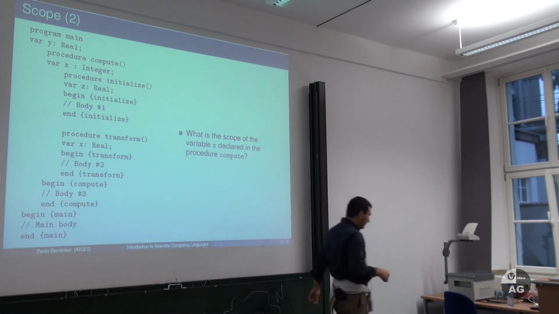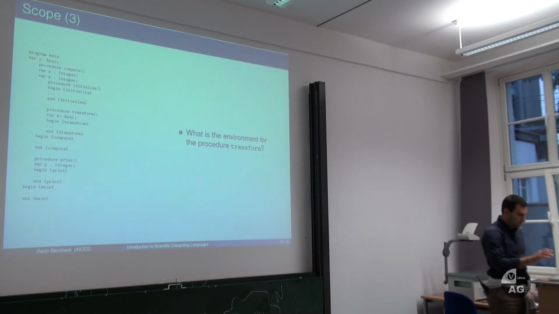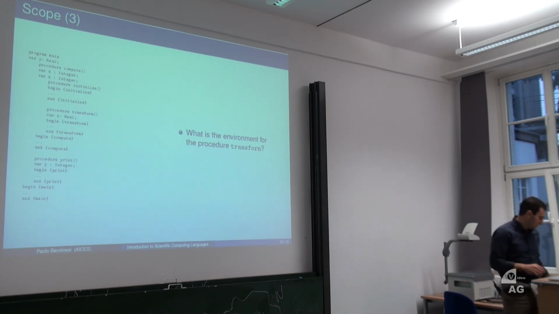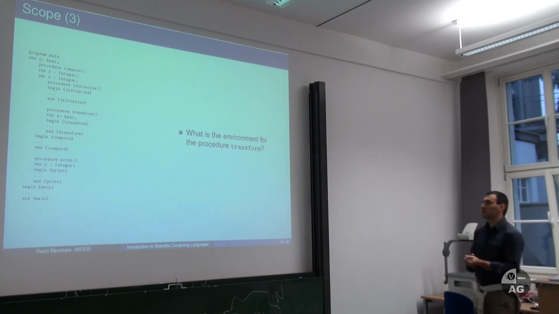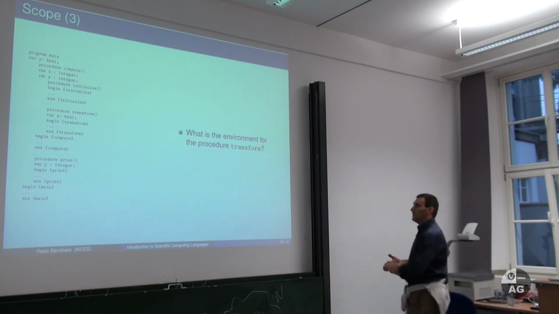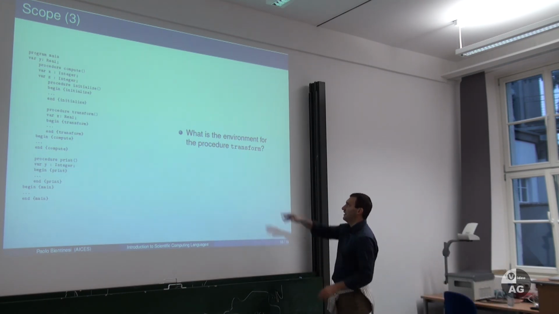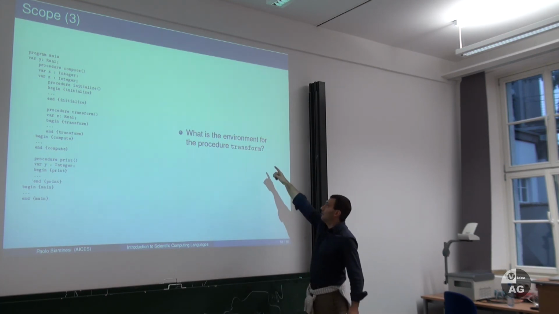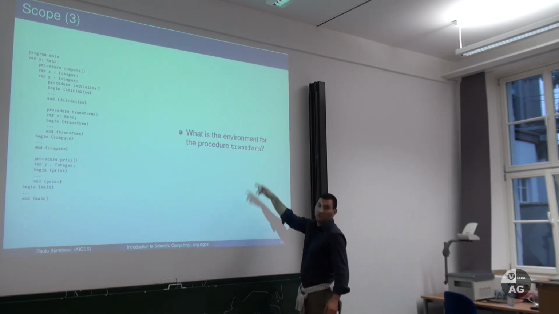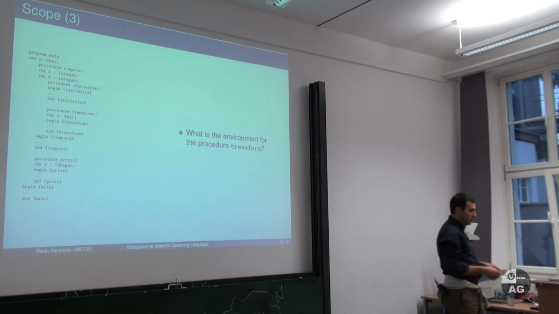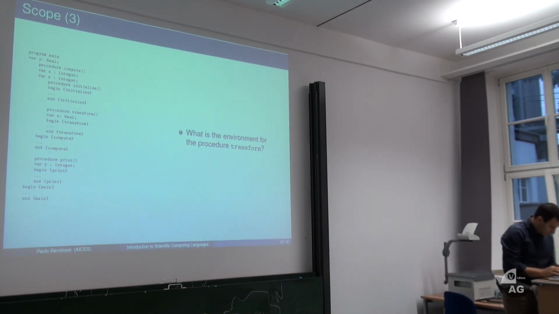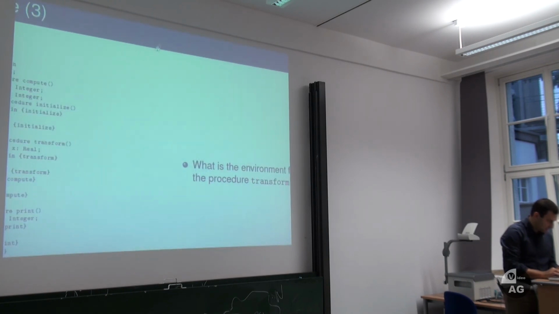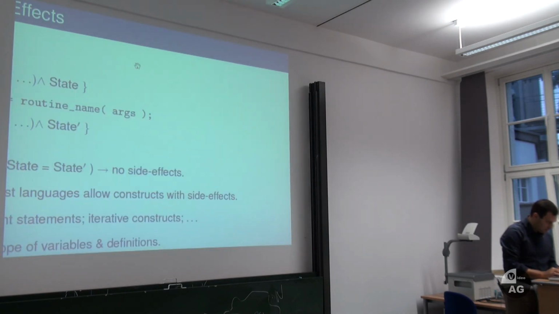Then last question, and then we go home. This is tough. I don't know. Can you guys see? It was too long and I had to shorten it. The question is, what is the environment, which variables can the procedure transform access?